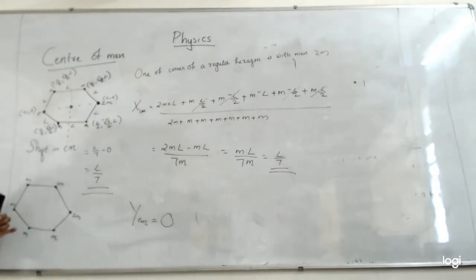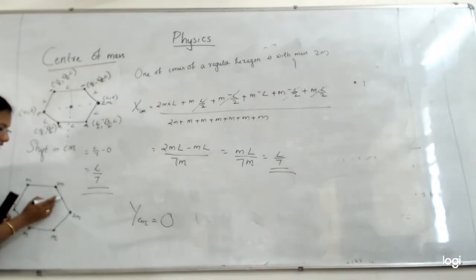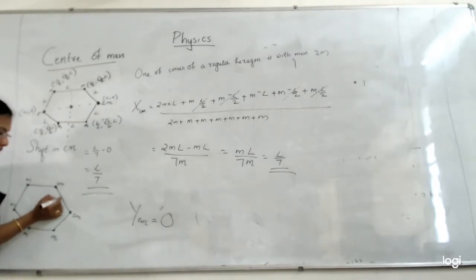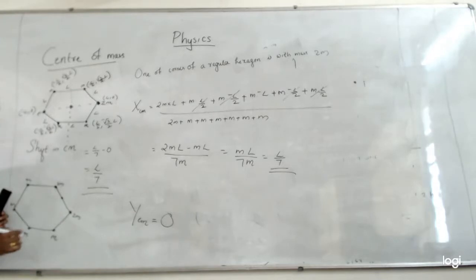What happens to the center of mass? In this case, you can do a shortcut. You can take that these two are the two masses. Obviously you calculate the center with these, because the rest are identical masses and they cancel out. So this is 2m, this also is 2m, and this is the center.